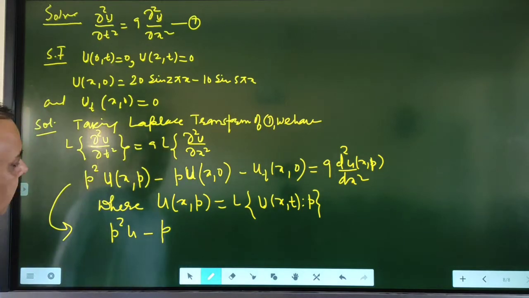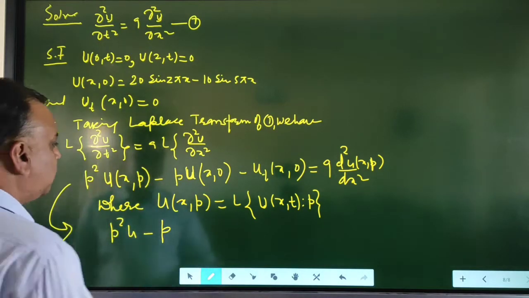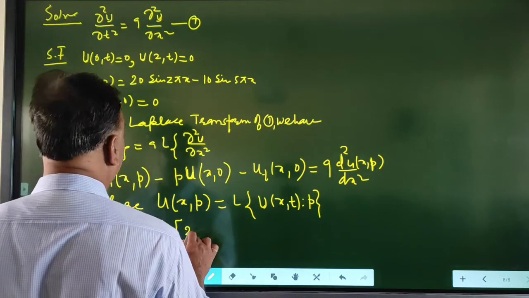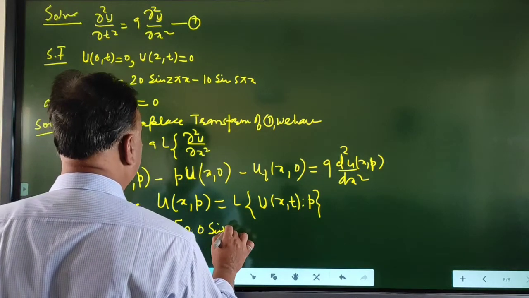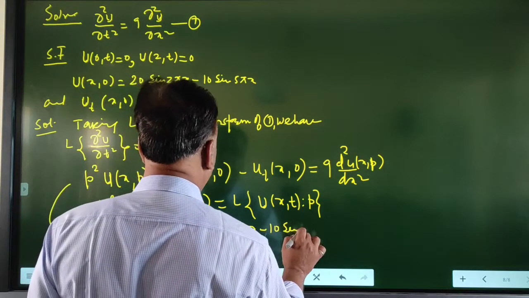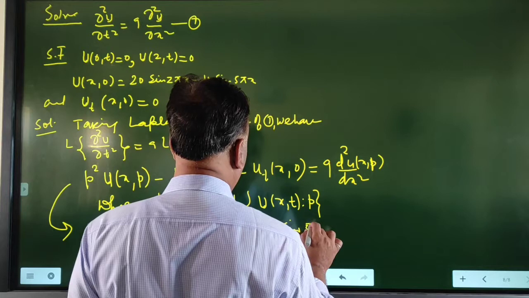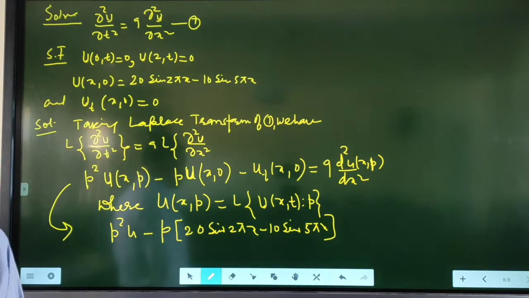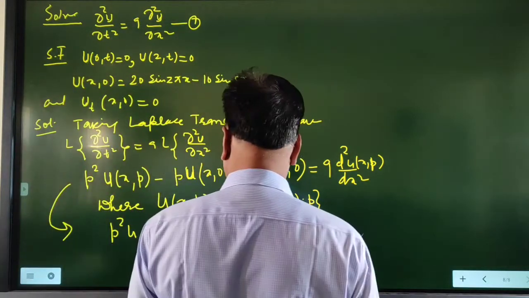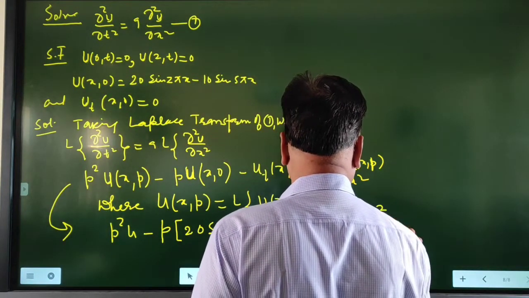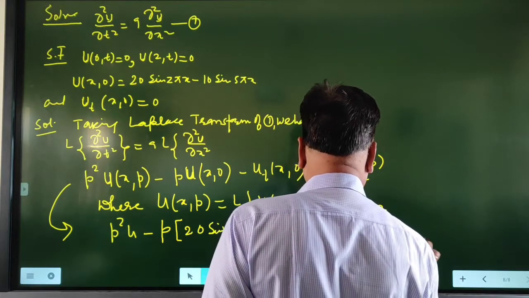So we get p square u minus p u(x,0), where u(x,0) is given as 20 sin 2 pi x minus 10 sin 5 pi x, minus u_t(x,0) which is 0, and this is equal to 9 d2u by dx square.